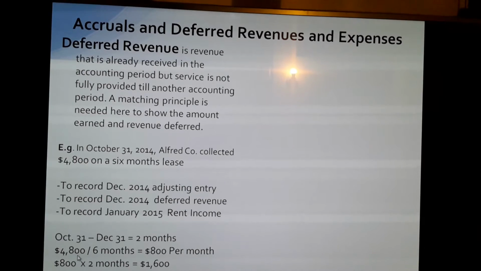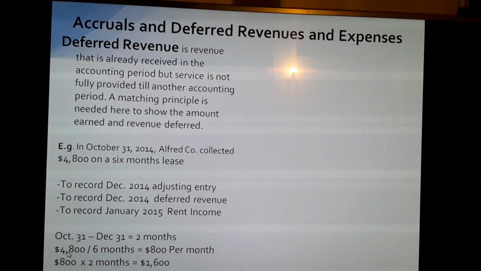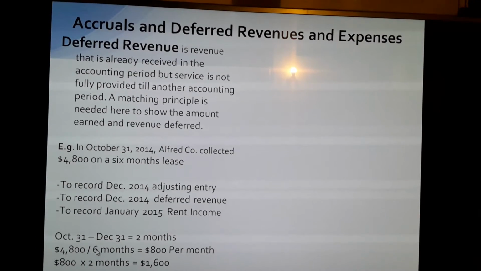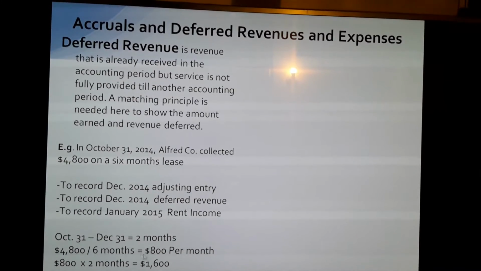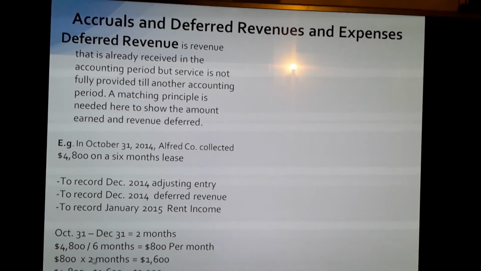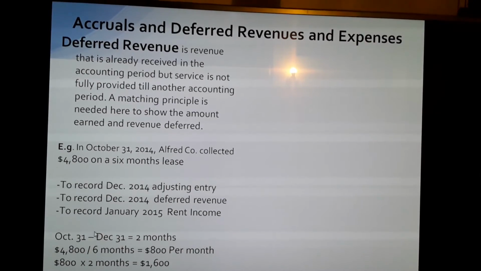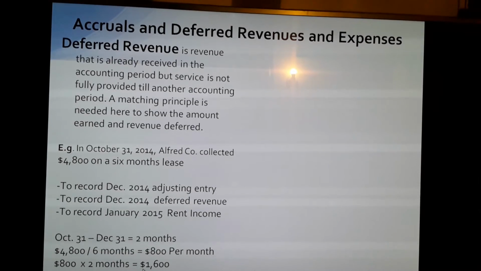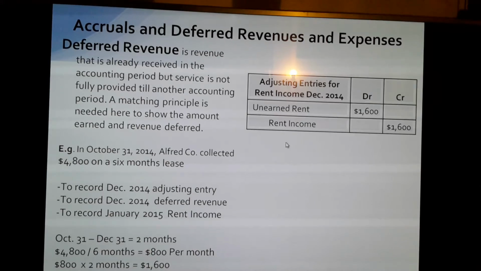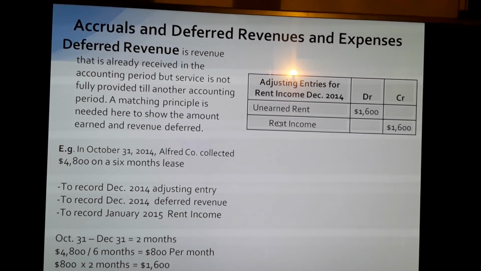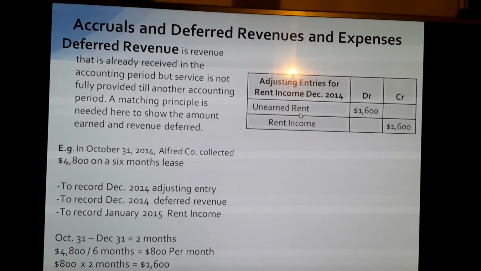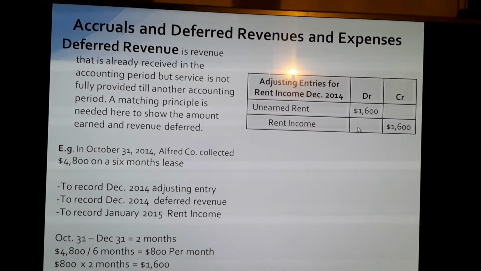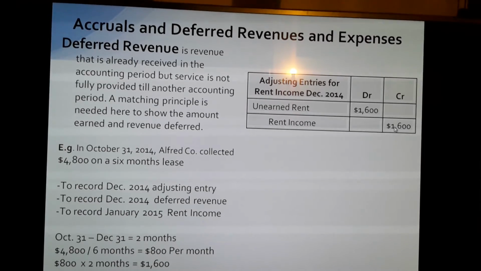So for 6 months he received 4,800. So you divide 4,800 by 6, it's going to give you 800 per month. So 800 times 2 months, which is November to December, it's going to give you 1,600. So let's see our adjusting entry, how it's going to look. We have rent receivable 1,600 and rent income 1,600.